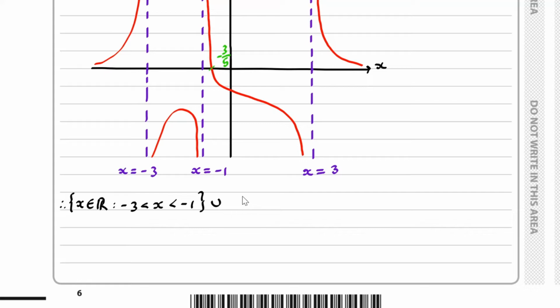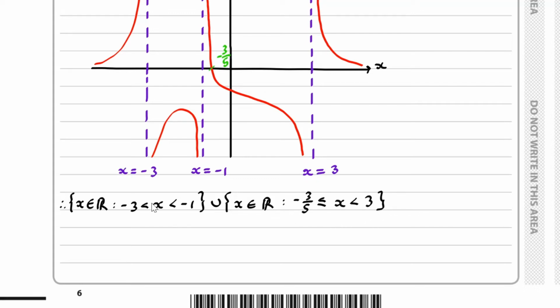Or we can have x belonging to a set of real numbers, x being in between minus 3 over 5. Notice the less than or equal sign because we're looking at where the graph is less than or equal to 0, below the x-axis. And then we have less than 3 because of this asymptote here.